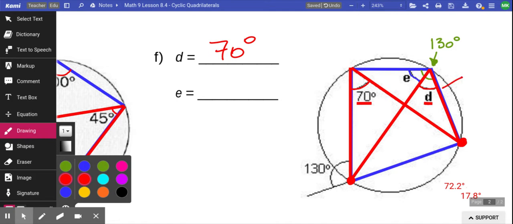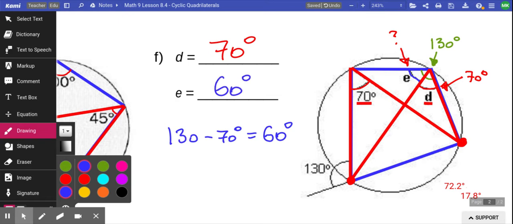Now, because I know that in there is 70 degrees, and I know that the entire thing should be 130, I can figure out what E is. I can do that by taking 130, which is what that whole angle should be, and subtracting away the 70 degrees. That gives me 60 degrees.